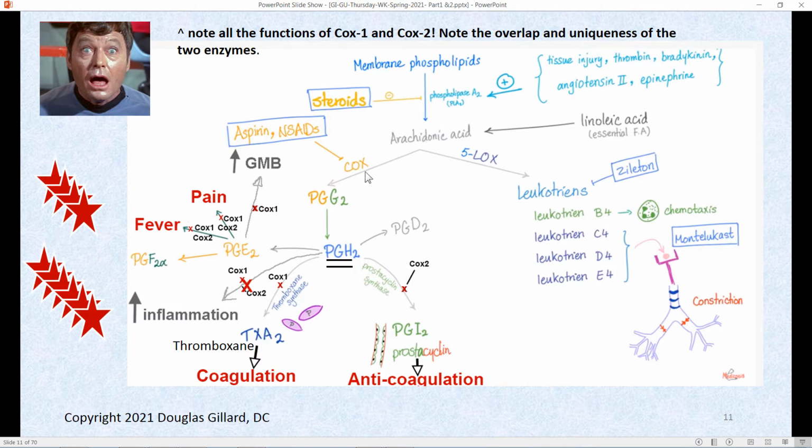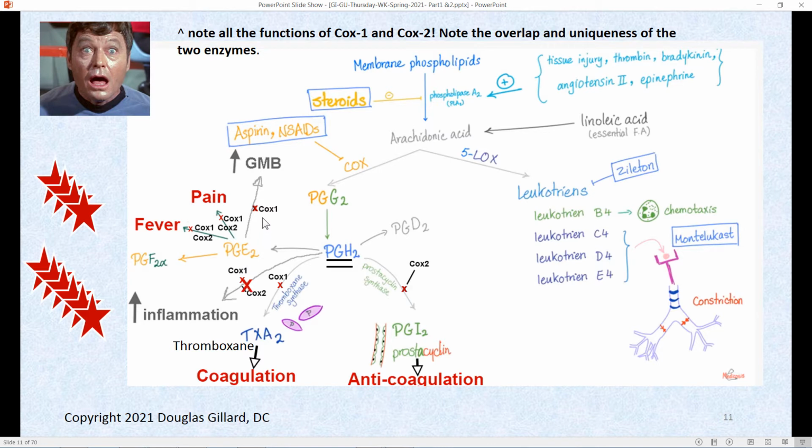Arachidonic acid is acted on by COX enzymes, different types we won't worry about, and those create basically PGG2, which is converted into PGH2, the big player right here. So these are prostaglandins. What does this prostaglandin do? It turns into either PGE2.